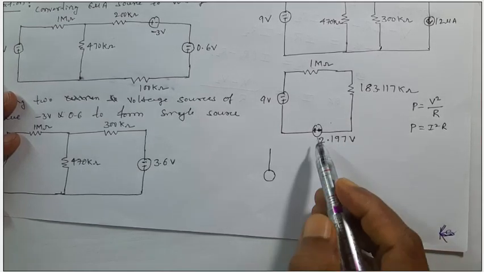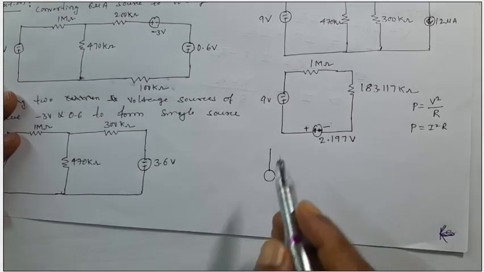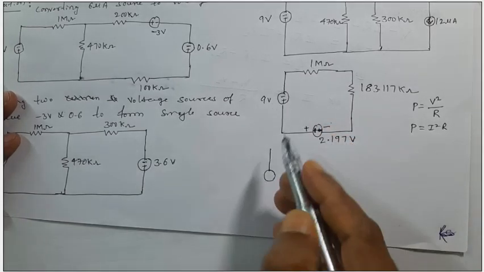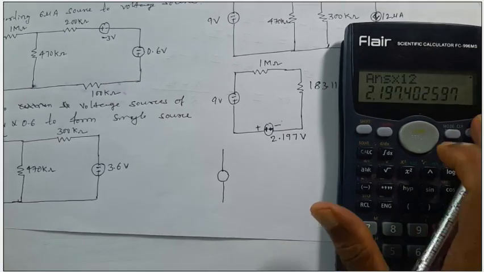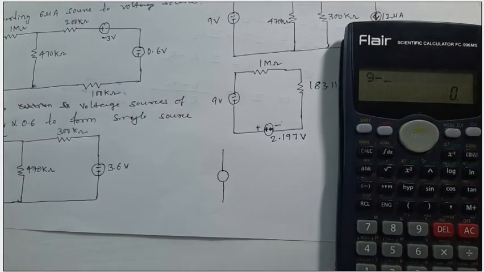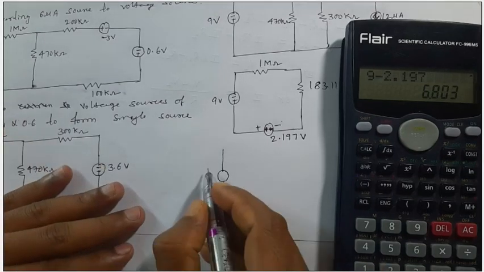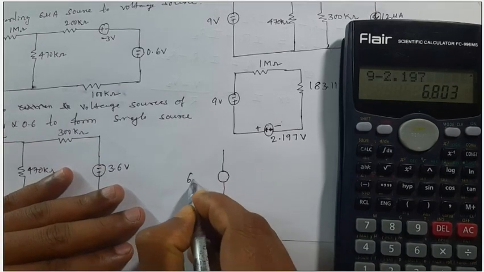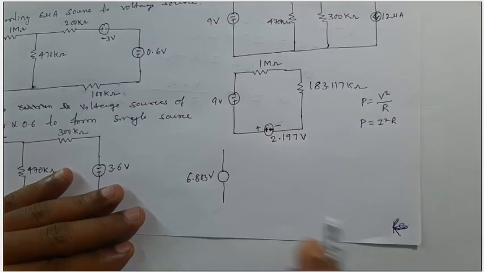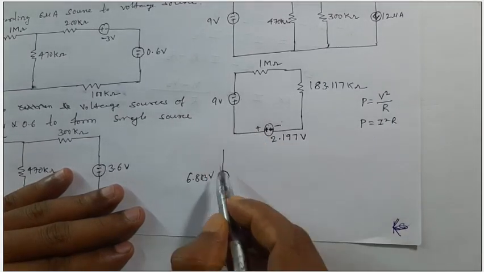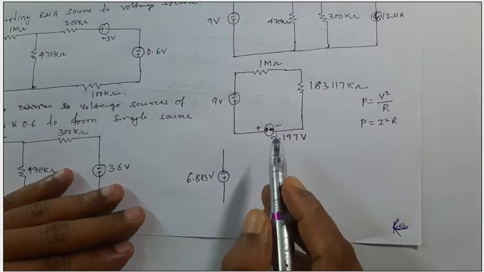Because of that when we add these two, both will subtract. It is 9 minus 2.197 will be 6.803 volts, with a sign of minus and plus, because this is smaller, right?